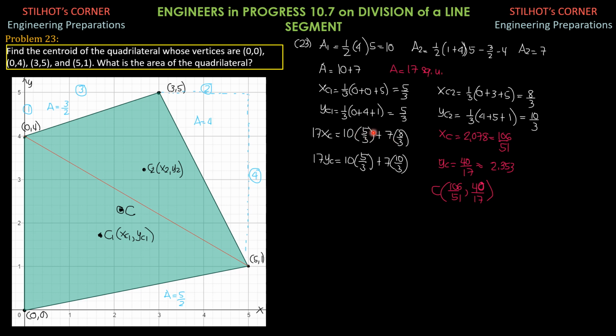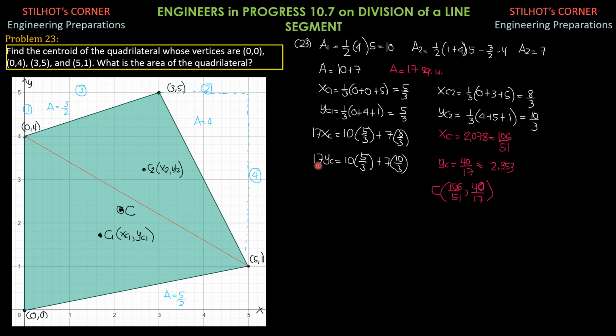Computing 10 times 5, 50, plus 7 times 8, 56. 56 plus 50 is 106. 106 over 3 over 17. 3 times 17 is 51. Therefore, x sub c is 106 over 51. In decimal, using your calculator, 2.078 units.